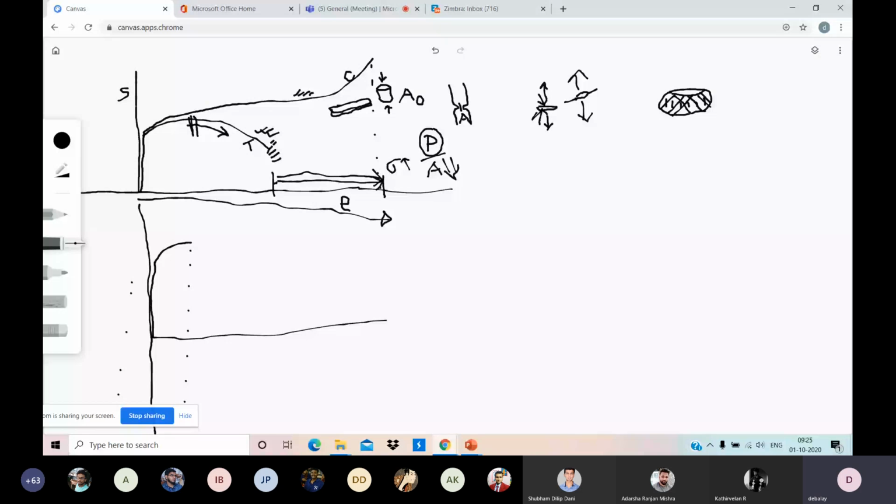If someone asks you, because I can give you a big metal piece, right? I can give you a block and I can ask you to come up with a structure like this. So there are two possibilities. One possibility is you can apply compression like that. But I can ask you why there is a need for compression.